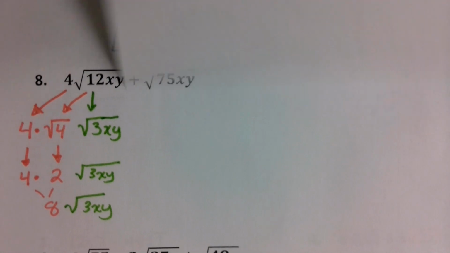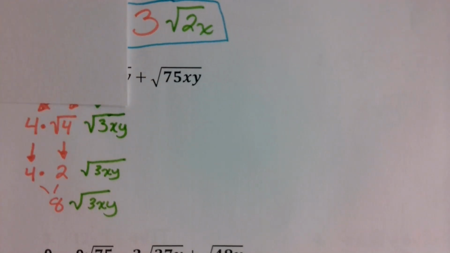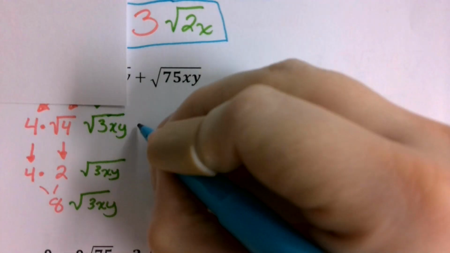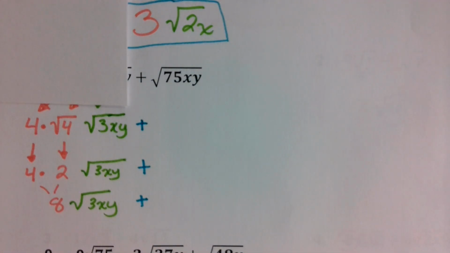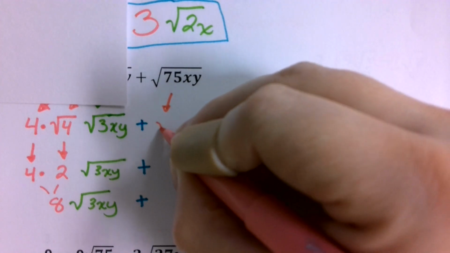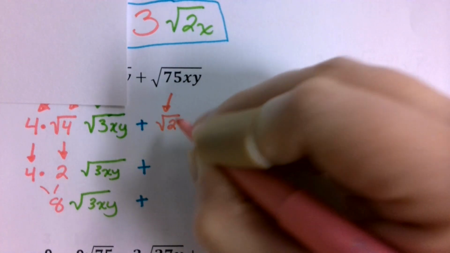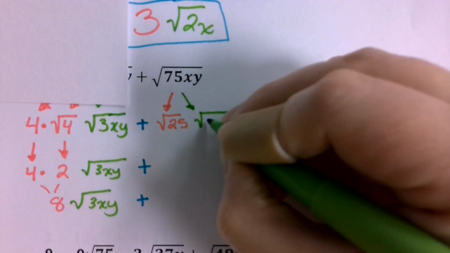Now I'm going to hide that term and focus on this one, this positive square root of 75xy. I know I'm going to have a whole bunch of plus signs in between here. Square root of 75. Let's break up 75. 75 can be broken up as the square root of 25 and the square root of 3.